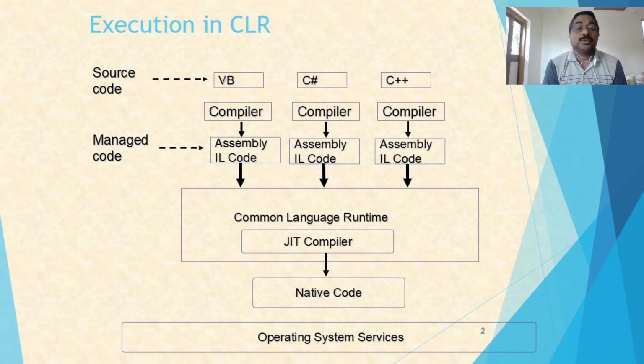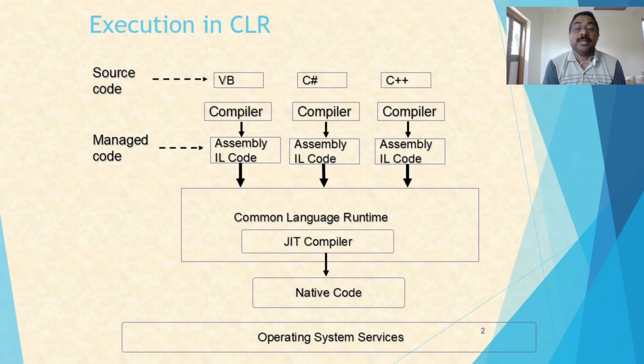See here the source code from any language like Visual Basic, maybe C#, maybe C++, maybe Java, or even JavaScript. We know that there are 61 languages which are compatible with .NET architecture. So any source code written in any of these 61 languages, we can take this source code for compilation purpose.